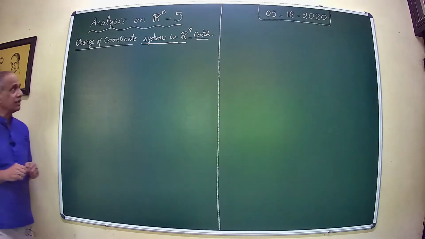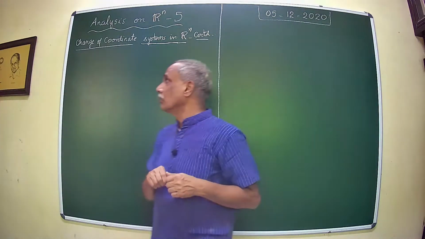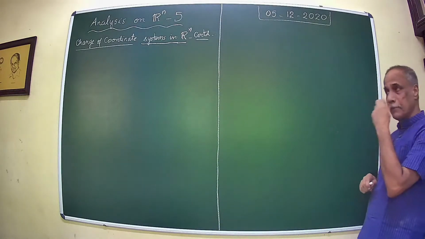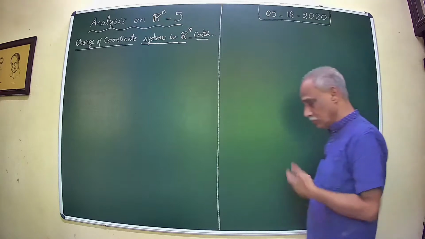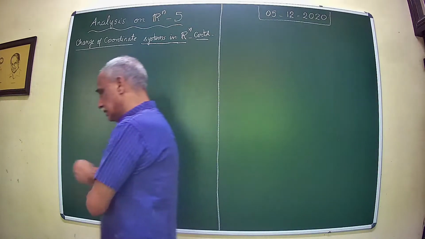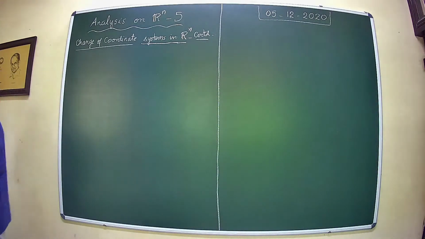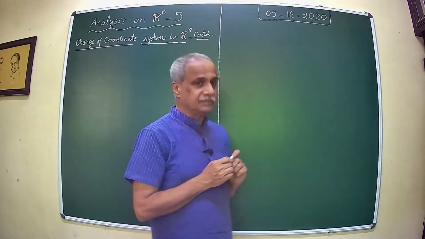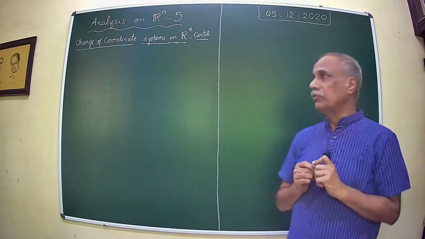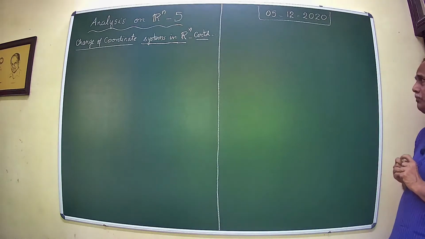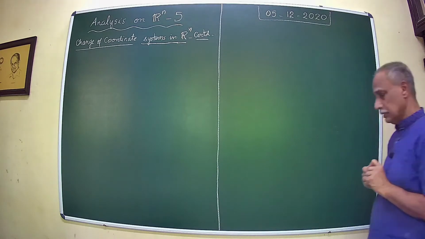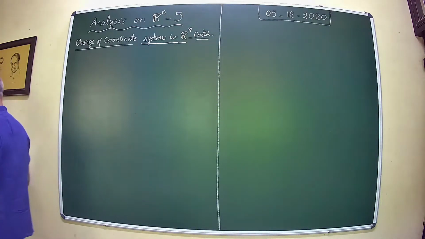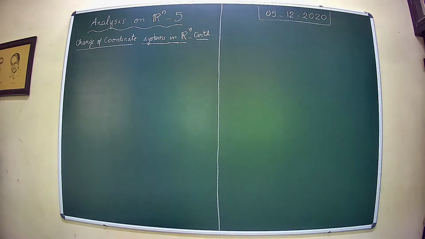We continue with our discussion on analysis on R. In fact, we were looking in some depth at the structure of R. And we found that the last time we observed that the choice of basis for Rn is not unique.